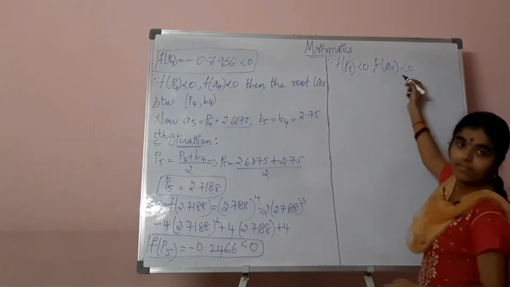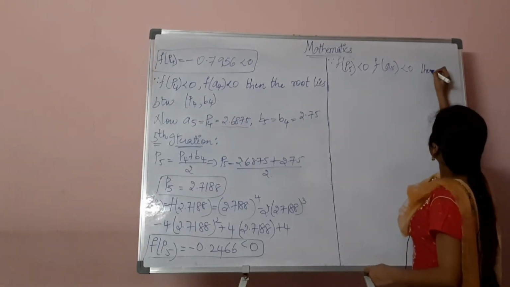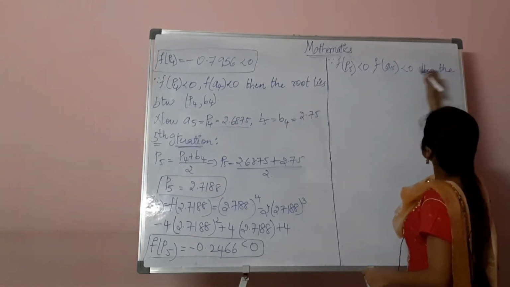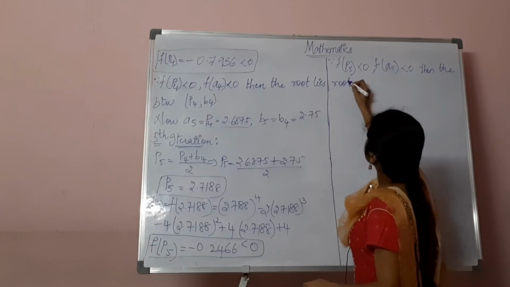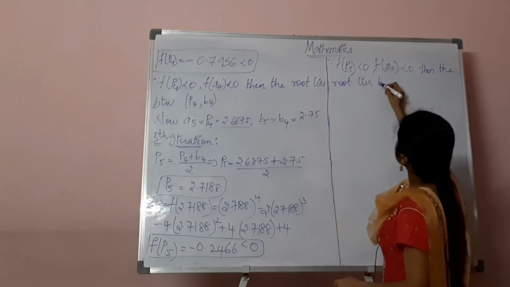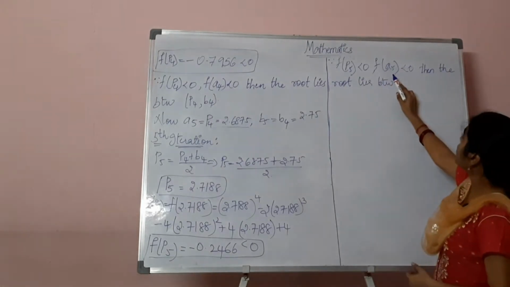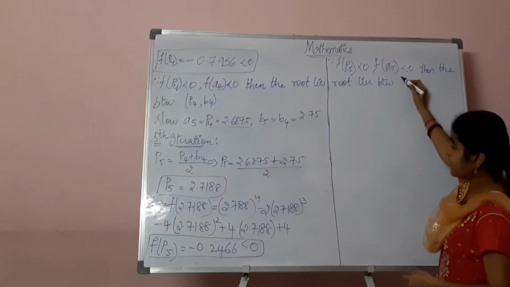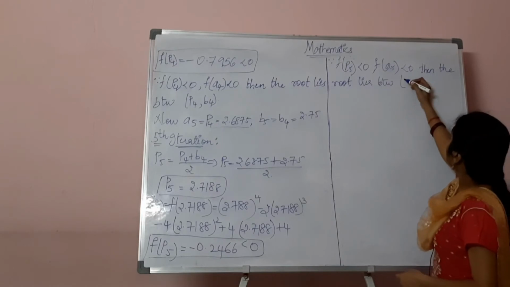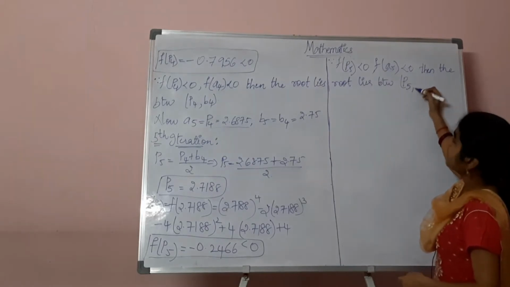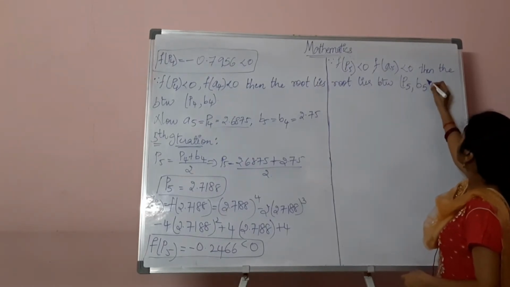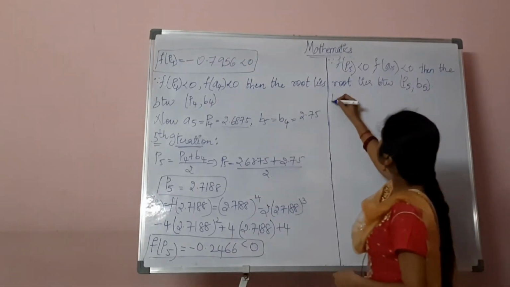So this is also less than 0. Then the root lies between P5 comma B5.